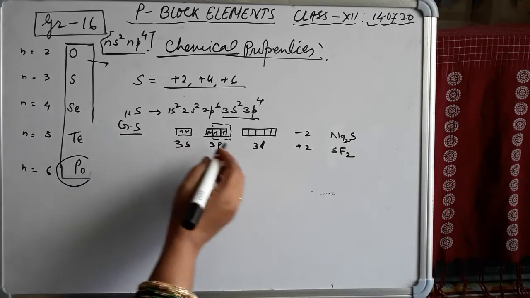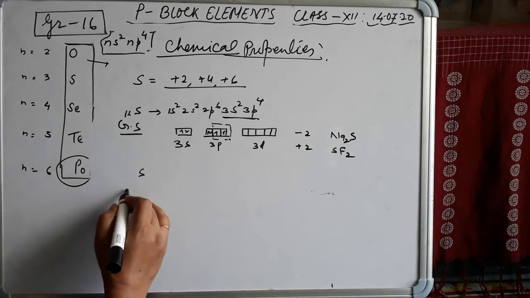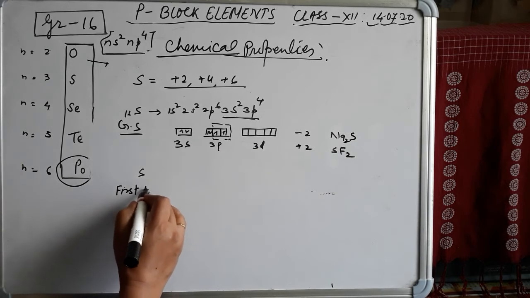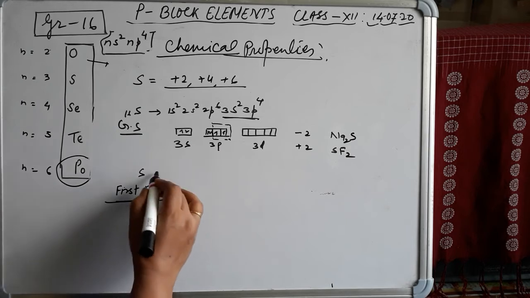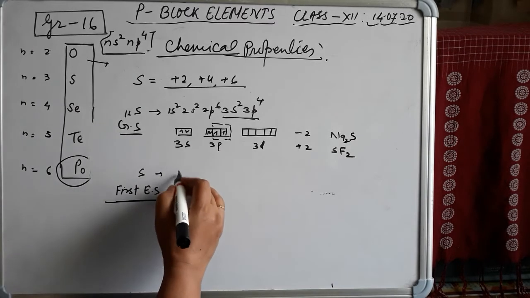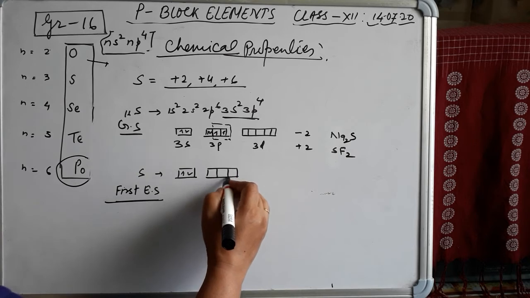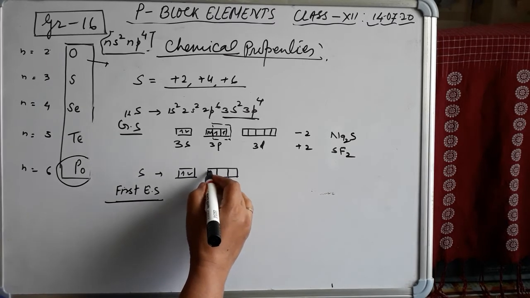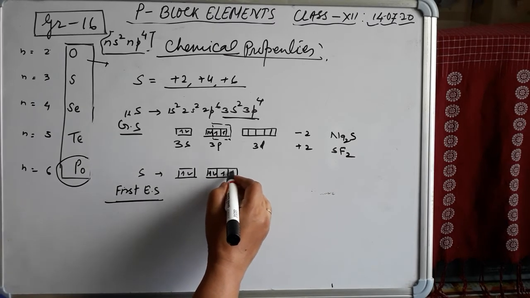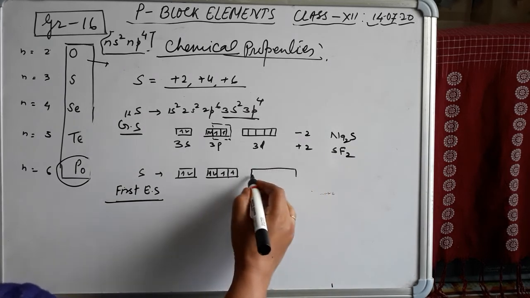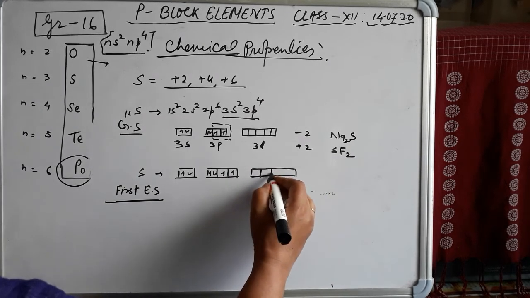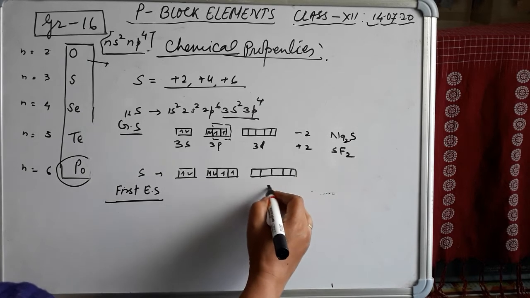Sulfur in the first excited state. So 3s2, 3p4, and 3d is vacant.